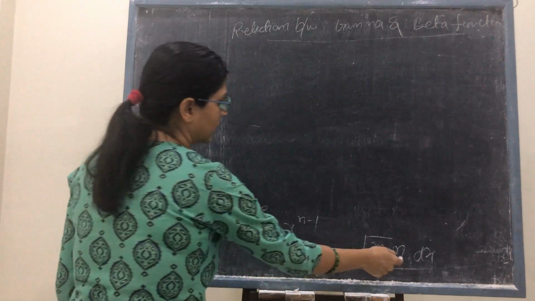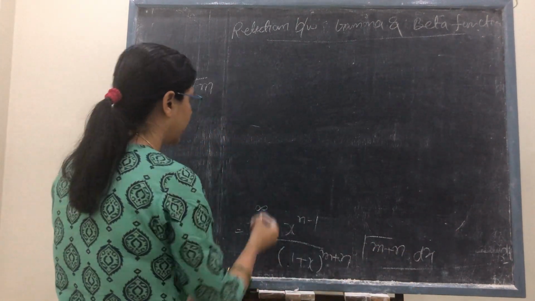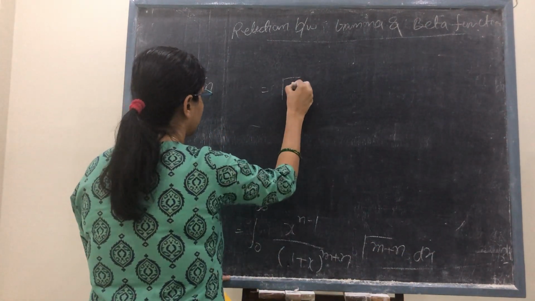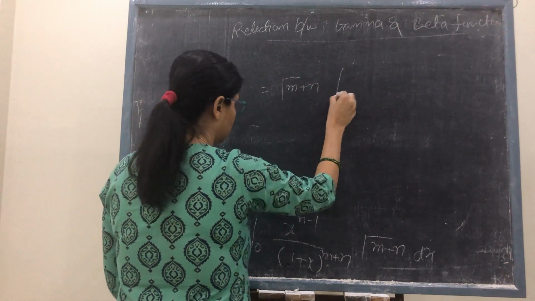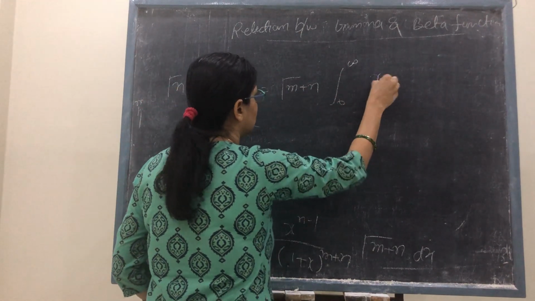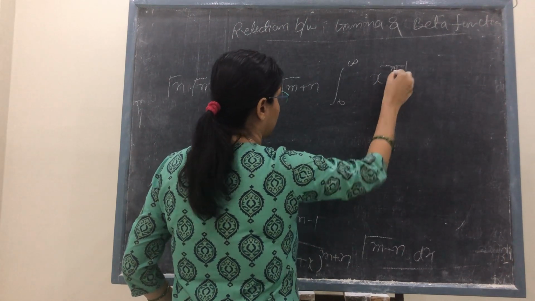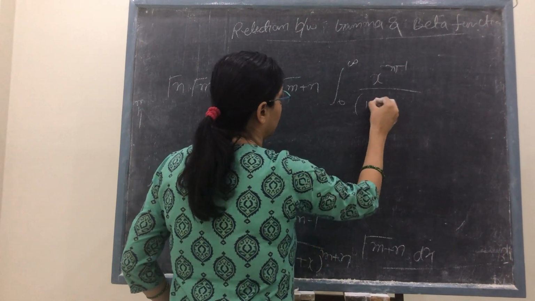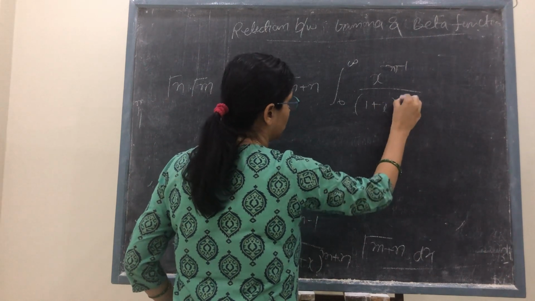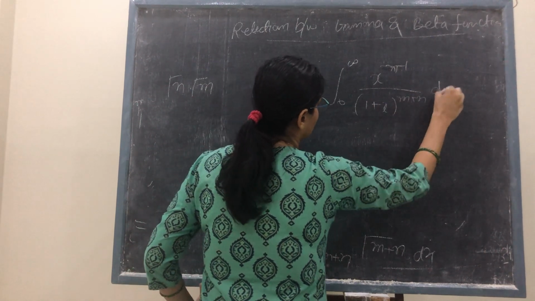Now gamma of m plus n is independent of x, so this is outside of the integration sign. Gamma of m plus n times the integral from 0 to infinity x raised to the power m minus 1, x raised to the power n minus 1 over 1 plus x raised to the power m plus n dx.